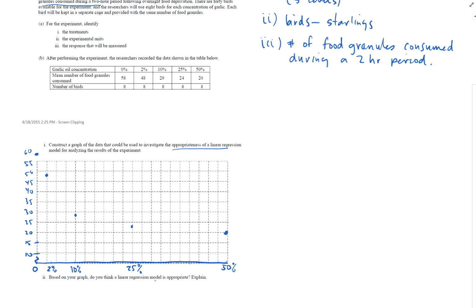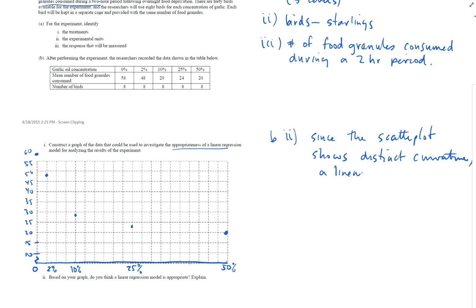Okay. Do I think a linear regression model is appropriate? So B2: since the scatter plot shows distinct curvature, a linear model is not appropriate.